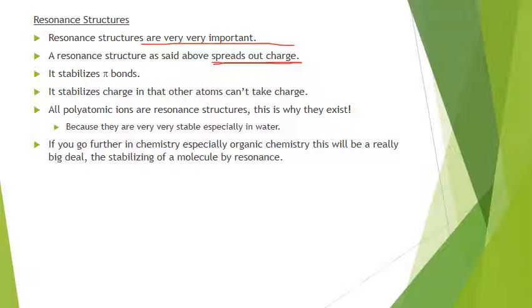So when it spreads out the charge, it's hard for other atoms to come and take the electrons. All polyatomic ions have resonance structures, and this is why they exist: the resonance structures make them stable. If you go into organic chemistry, you'll be talking a lot about resonance.